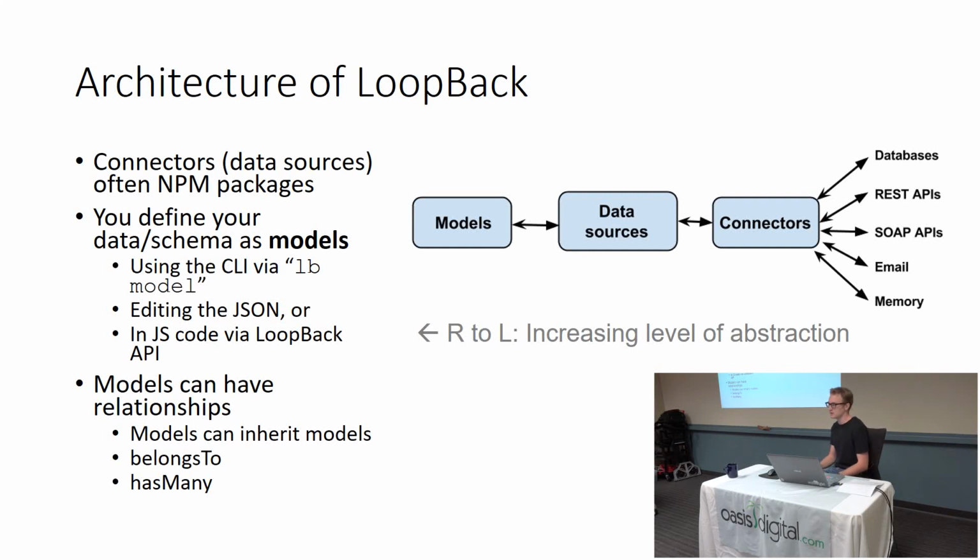If you have a model of a person, you'd have different properties about that person in the model, but it has nothing to do with the nuts and bolts of how it's put into your database. And then the connector is really the lowest level of abstraction here, where that's actually connecting your models to your database.